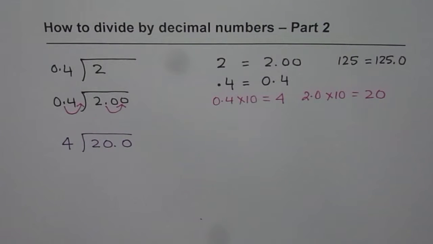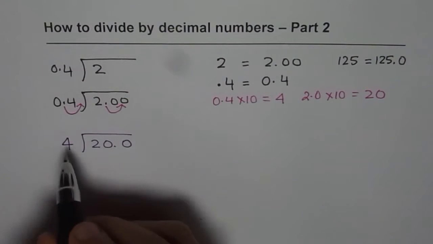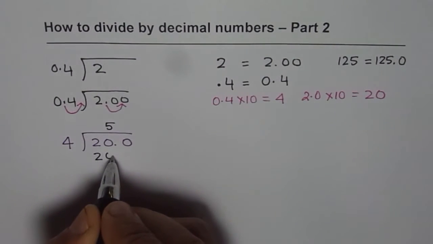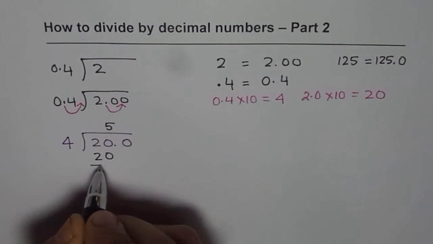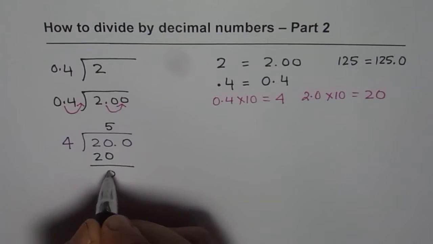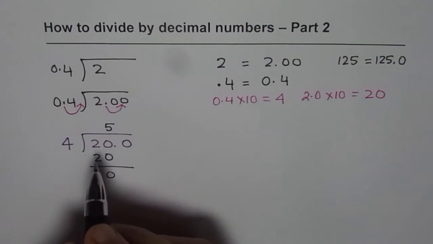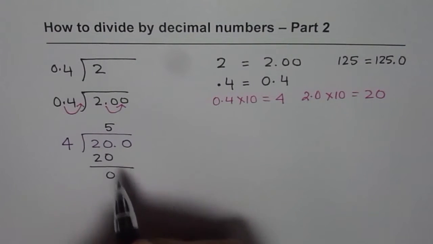Now it is easy to divide. So let us now divide and find the answer. 4 goes 5 times in 20. So we get 4 times 5 as 20. When you take away, it is 0. Since we did not use a number after the decimal, 5 is our answer, correct? So that is how we can complete the division.